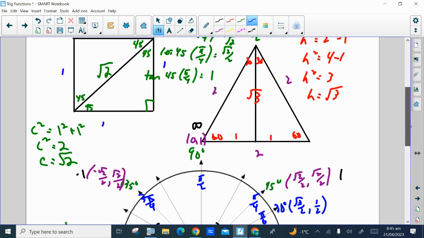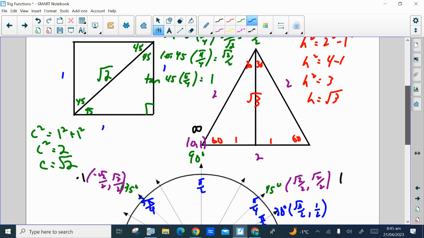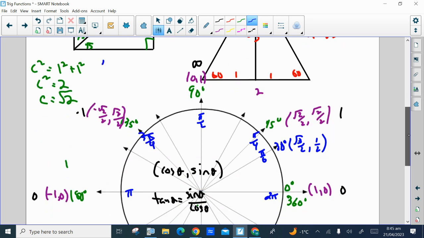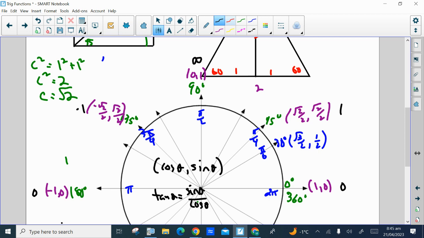And the tangent, I meant to say, is opposite over adjacent. That's 1 over root 3, or root 3 over 3 if you rationalize.